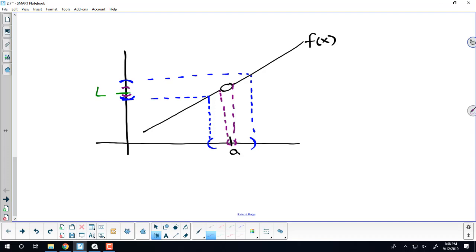Imagine those parentheses closing in on that point. We're visualizing getting closer and closer to a by making that window smaller. That's all that absolute value inequality statement means for both the x and the y axis.